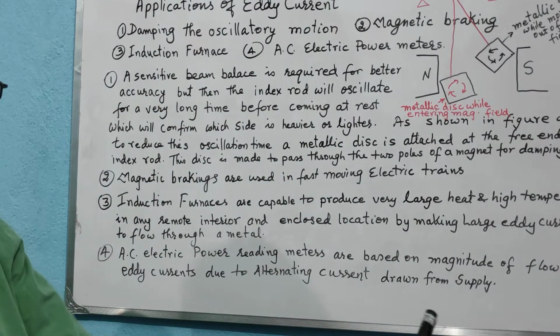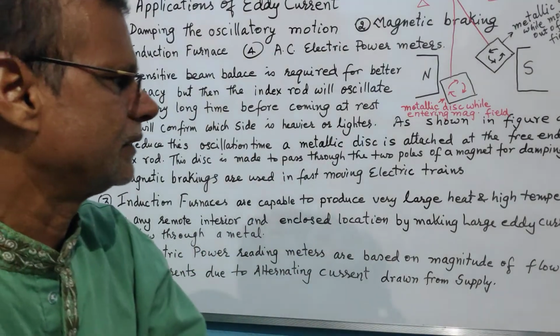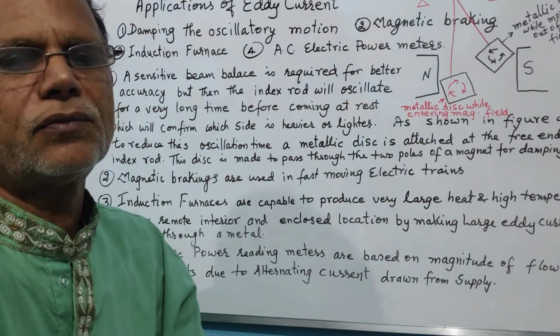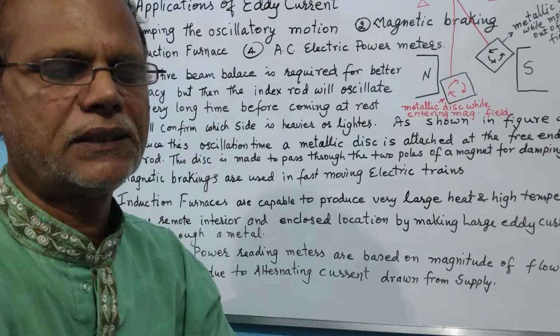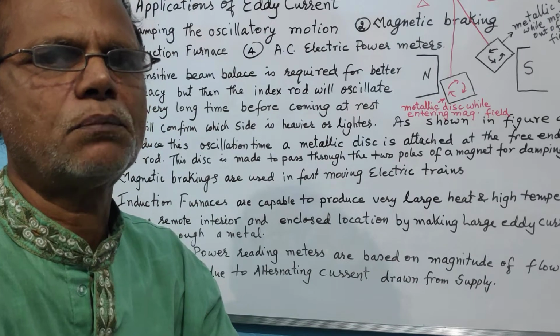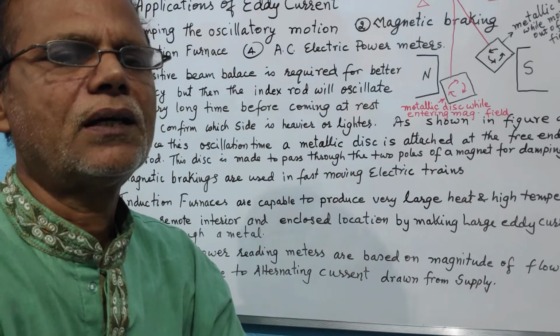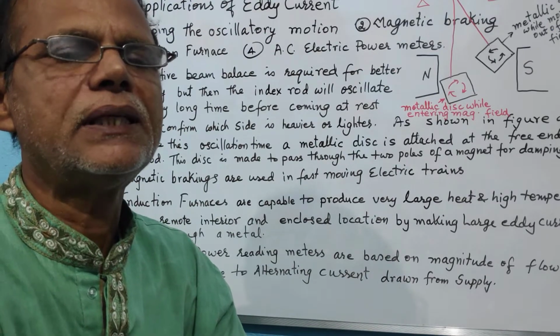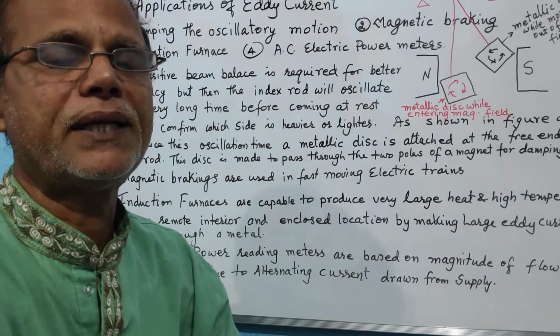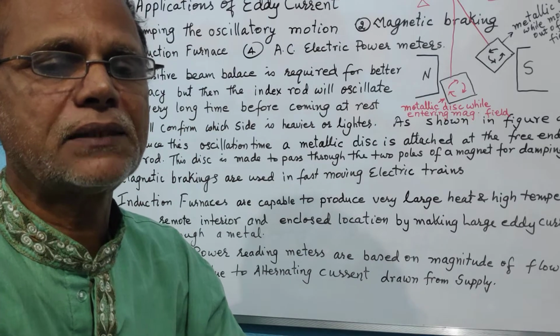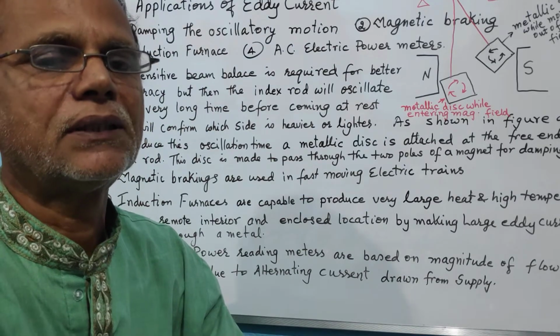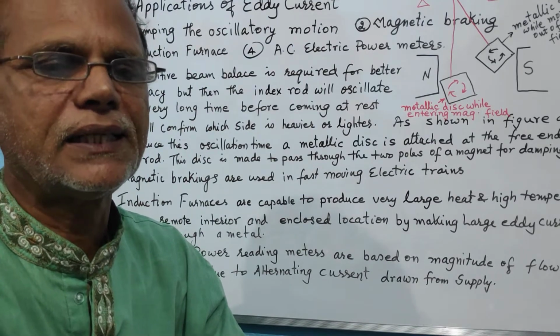Now the third one is induction furnaces. Say for example we want to create a very high temperature. If we talk about nuclear reactors, high temperature is required in a very small zone where we have radioactive materials, and we want to have nuclear reactions started.